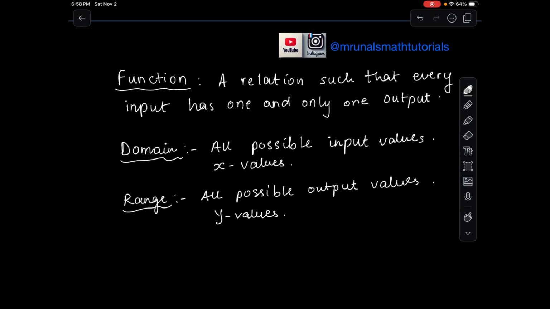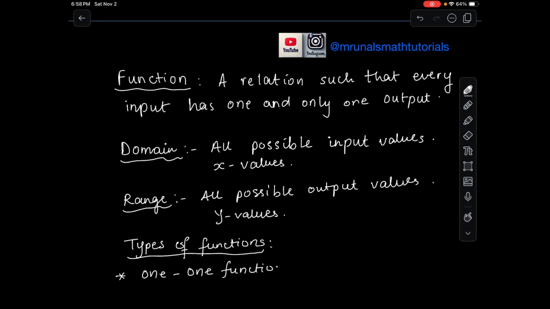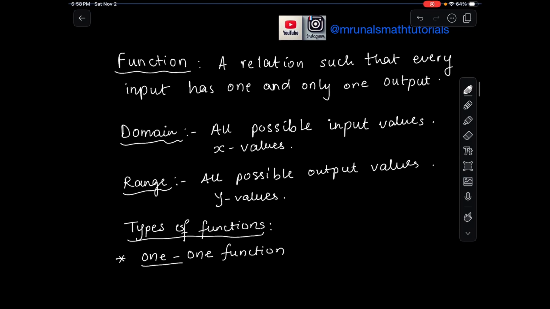Alright. So then what are the different types of function? We could have a one-to-one function, which the name explains itself. One input, one output.